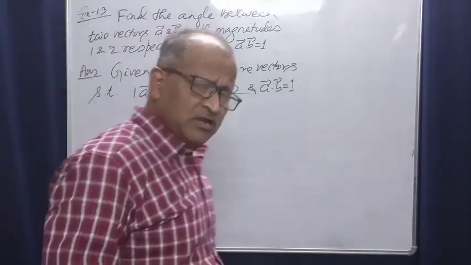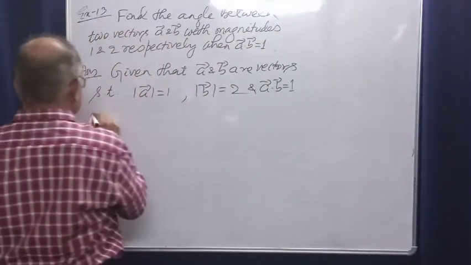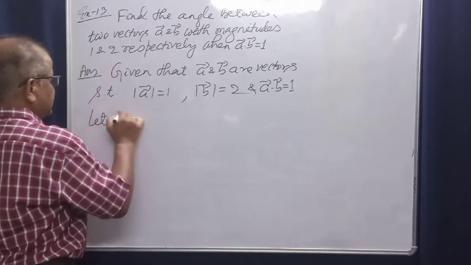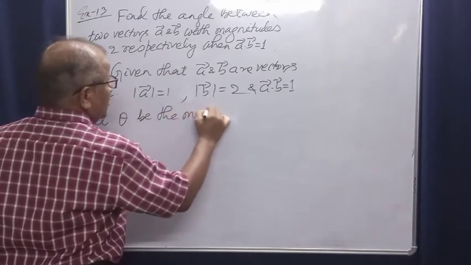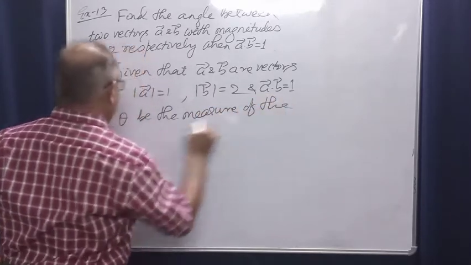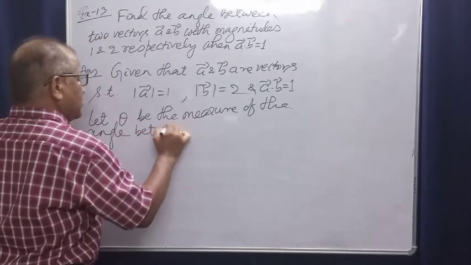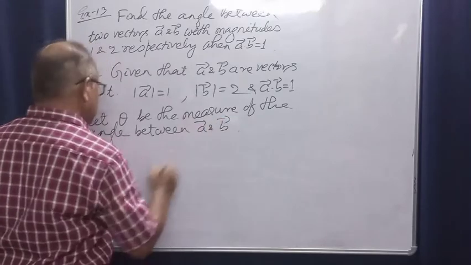What is the question? To find the angle. Let theta be the measure of the angle between a and b. We have already discussed.